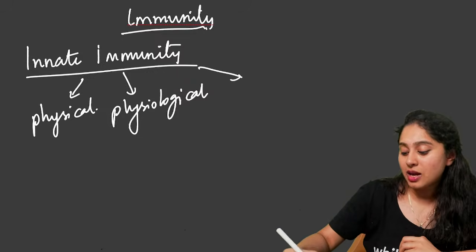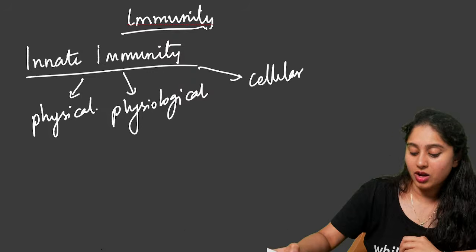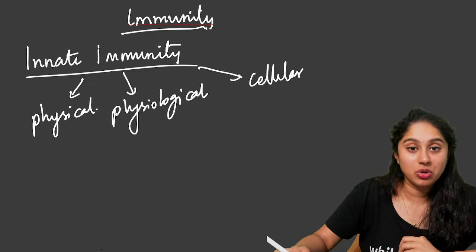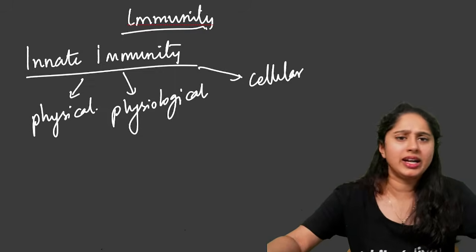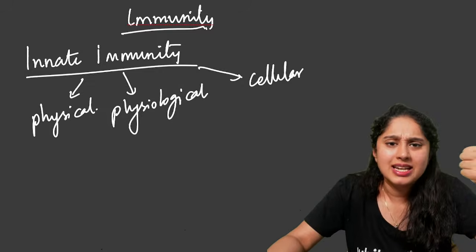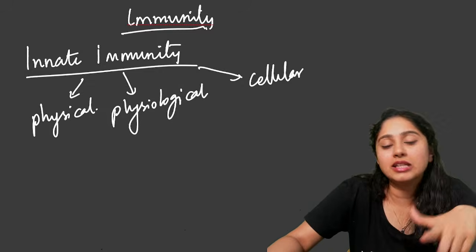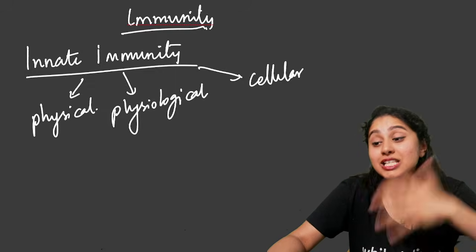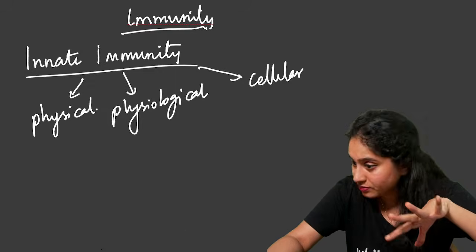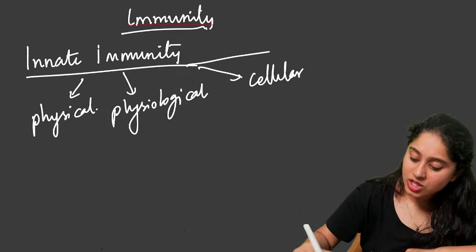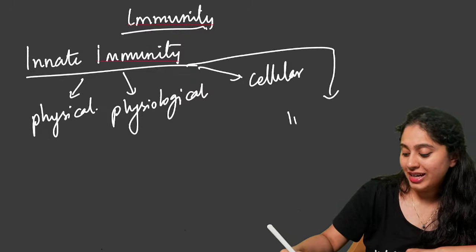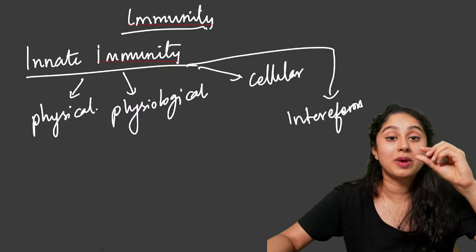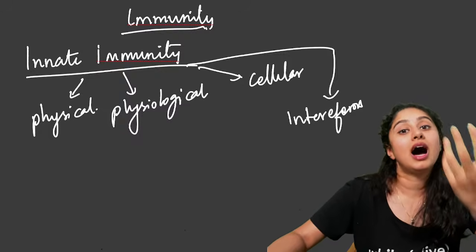If a pathogen reaches our blood, then we have the cellular barriers, the natural killer cells and various other immune cells, which kill any foreign item irrespective of what it is. The last one is the interferons, which are chemicals synthesized by the affected cells to protect other cells.